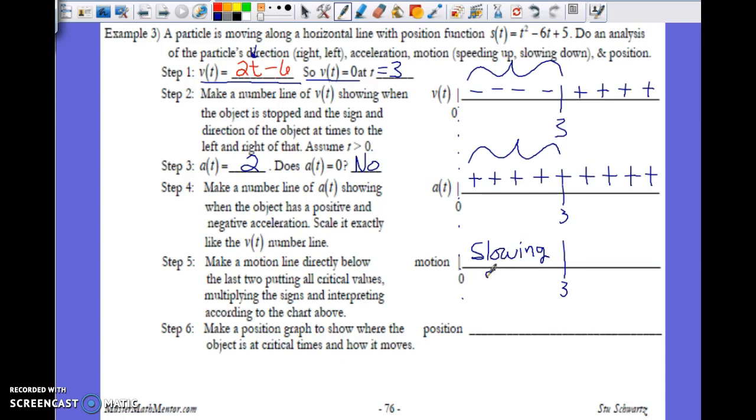And because we have a positive direction right here and a positive acceleration, the object is speeding up.